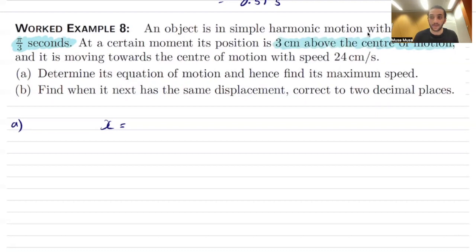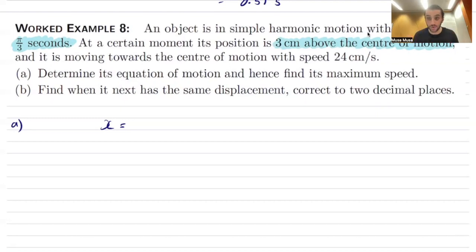They're not saying that at time equals 0, the displacement is 3 centimeters above. They're not saying that at all. But there's no harm in us letting, at t equals 0, x equal 3. And there's no harm in us maybe choosing a sine curve as opposed to a cos curve.